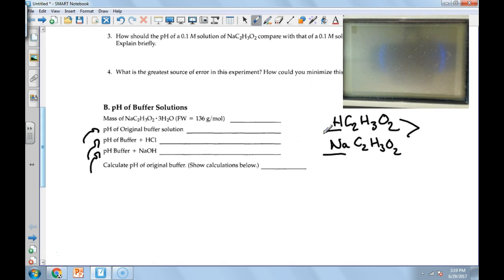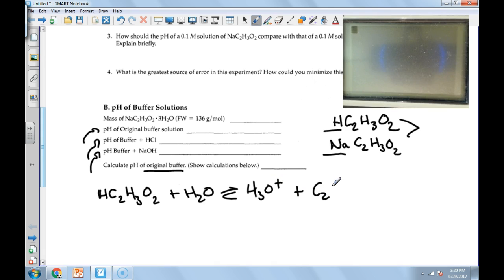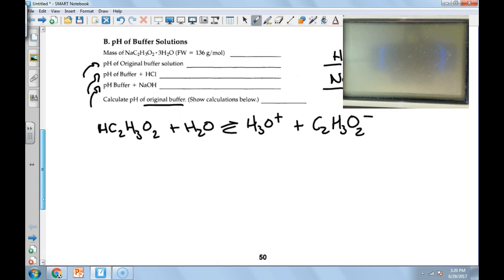The acid equilibrium reaction, which is what we use for just a buffer, is HC2H3O2 plus H2O in equilibrium with H3O plus C2H3O2 minus. I left my states off of there because that's just what I'm going to do.